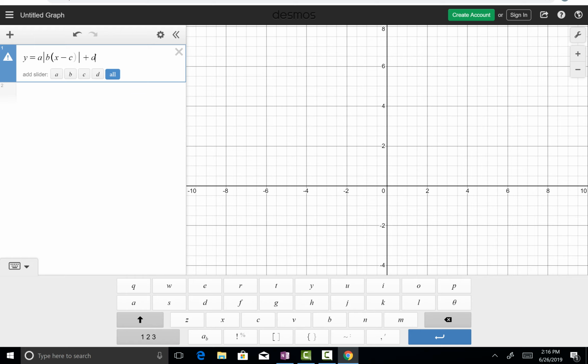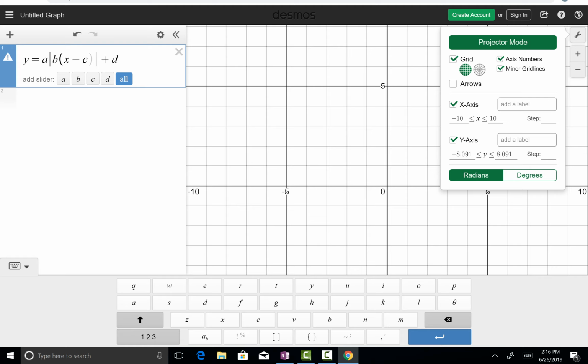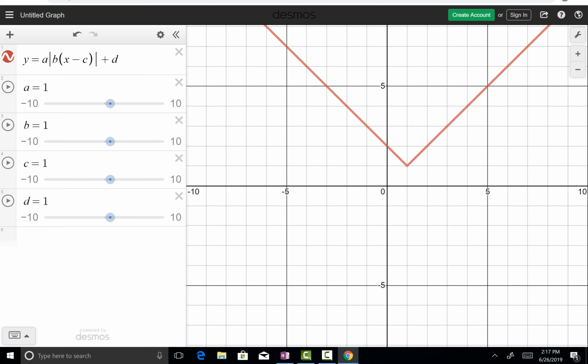So it's y equals a, let me put this on a projection to get it clearer for you. y equals a times the absolute value of b times parentheses x minus c, plus d. Underneath that, it says add slider a, b, c, d, and we're just going to hit all. And now we have sliders.